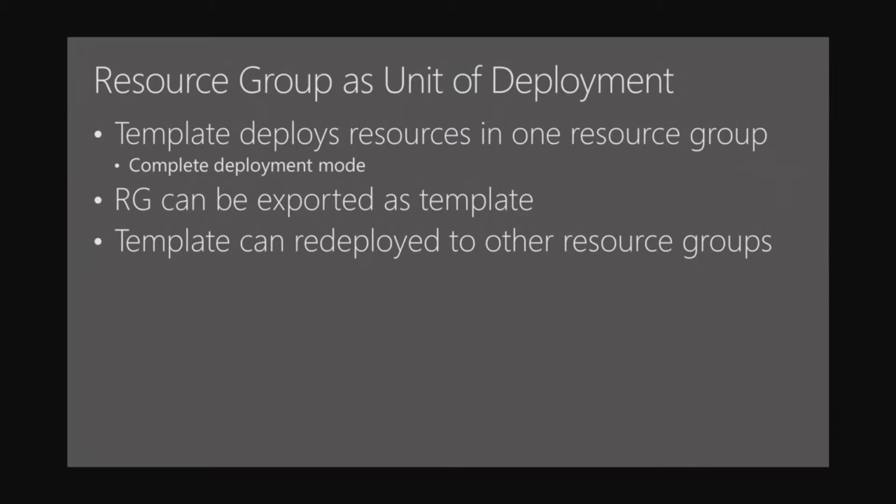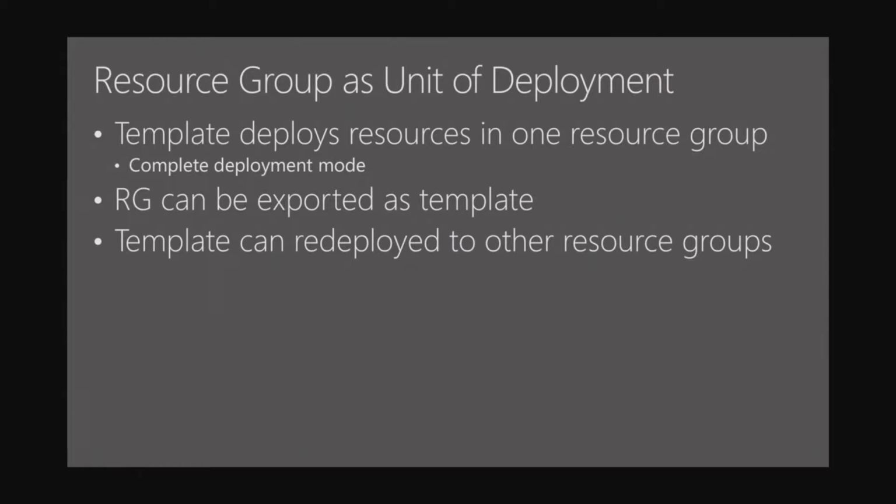So let me give you an example of why this is useful. Imagine you have an application, and in your template, you have a parameter like number of VMs. So you use this parameter as a way to scale your application when there's different traffic. So one day you want to scale in the application.